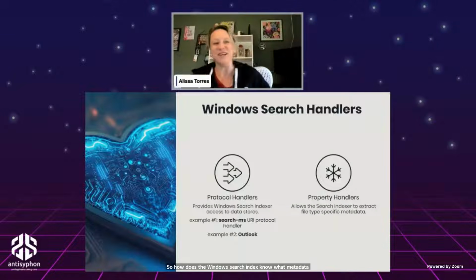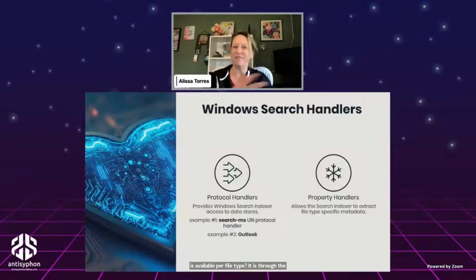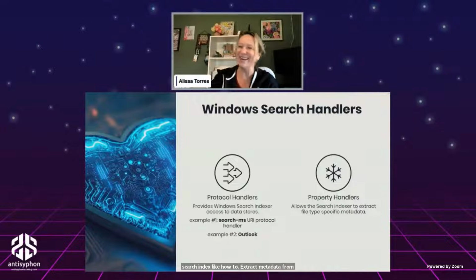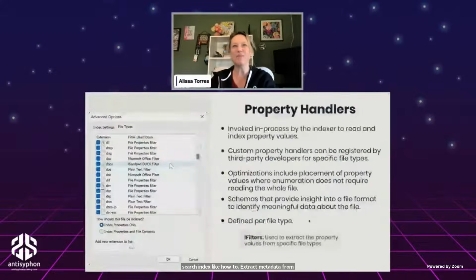It is through the definition of schema, the definition provided, I guess we can call it an I filter. These are property handlers. So they tell the Windows search index how to extract metadata from a particular file type. So yeah, it is pretty fascinating.